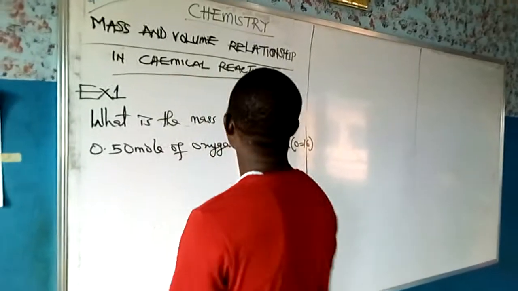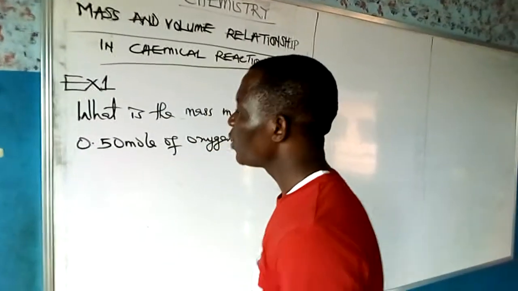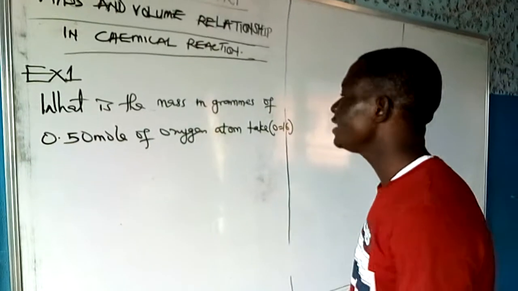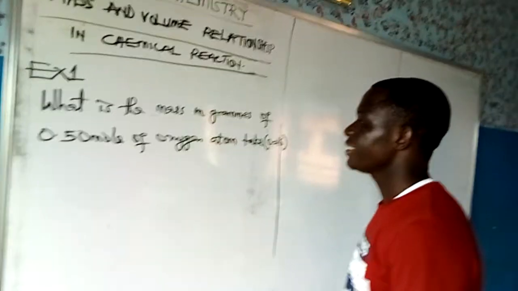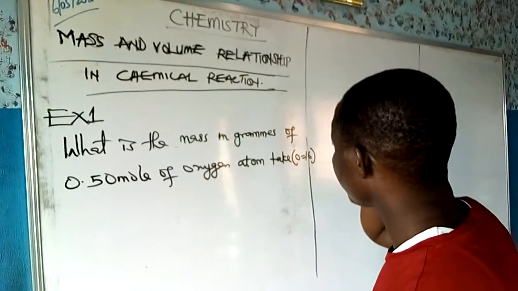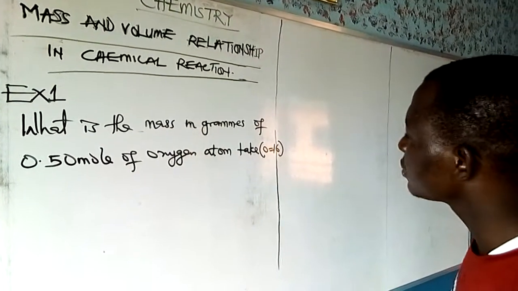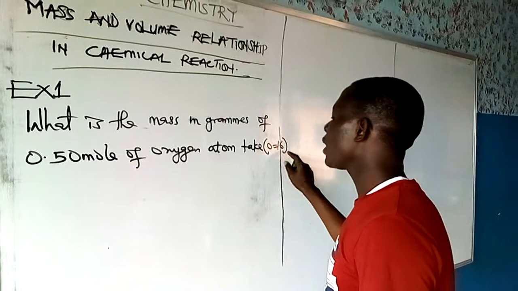1. What is the mass in gram of 0.5 mole of oxygen atom? Now, we want to solve for oxygen atom. Now, 0.5 mole of oxygen atom. Then I said we should take O as a thing.